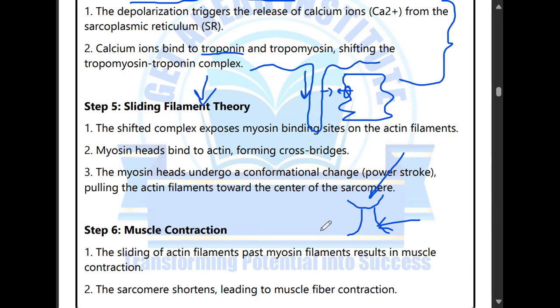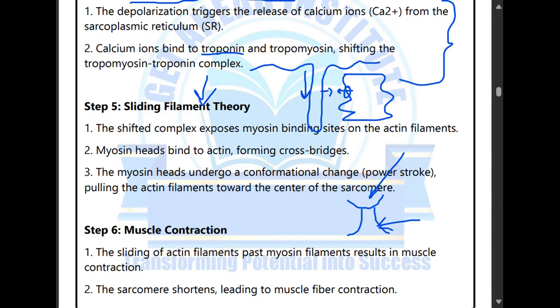Then this part, which is the troponin I site, is for binding to actin. Is that clear, Martin? Is that clear? All right, great.